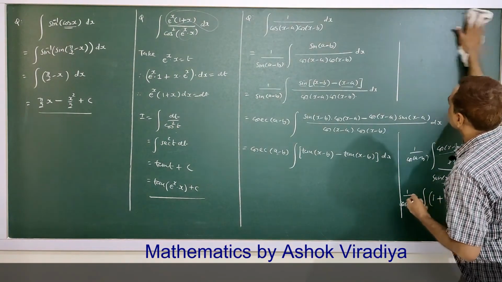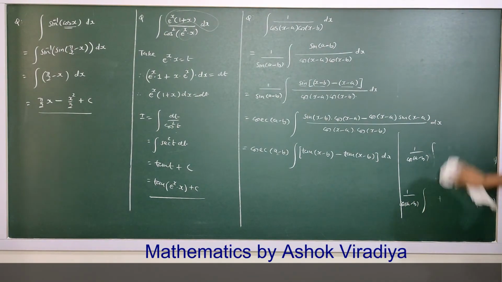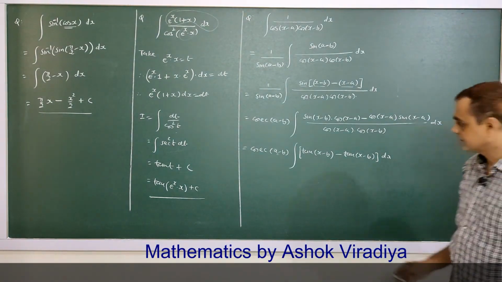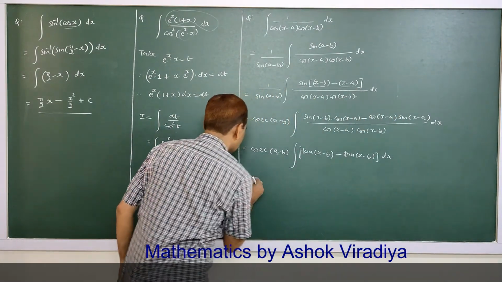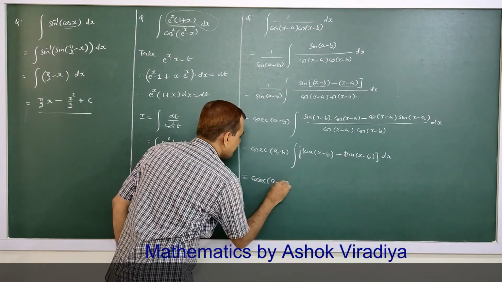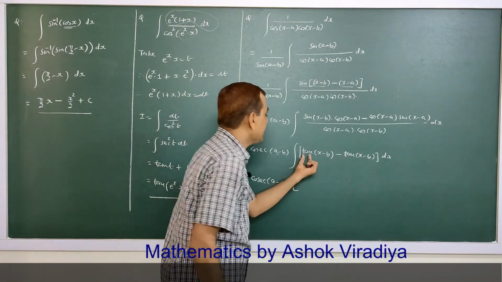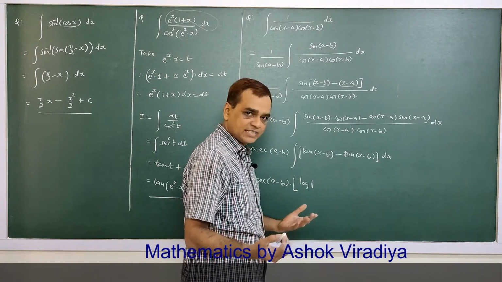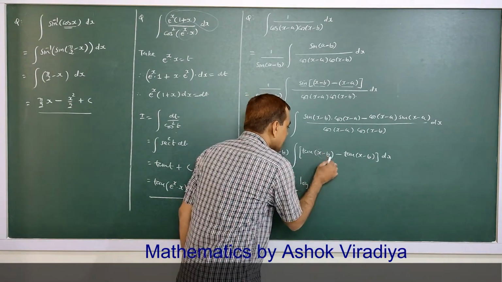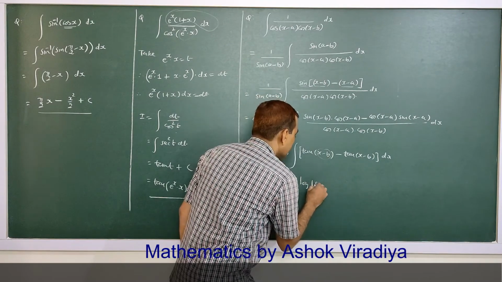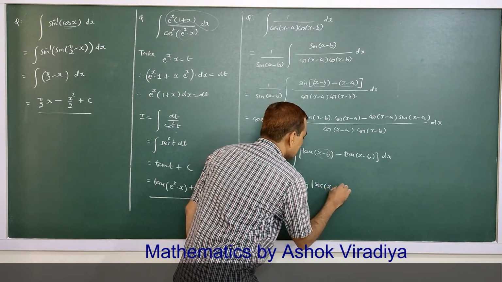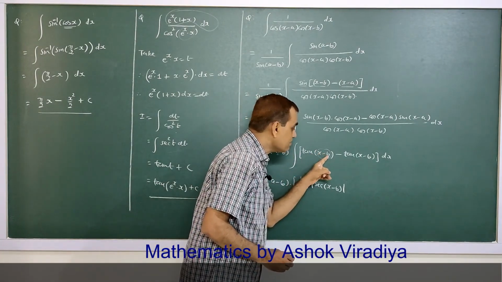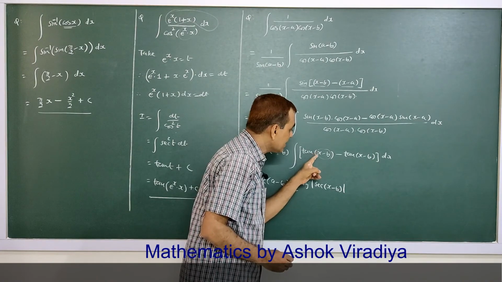So continuing this calculation, now this is integrable. Its integral is equal to cosec of a minus b, integral of tan is log mod sec x. Integral of tan x is log mod sec x. In place of x, ax plus b. What is a? A is 1.